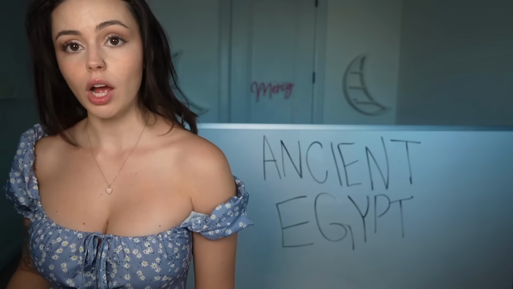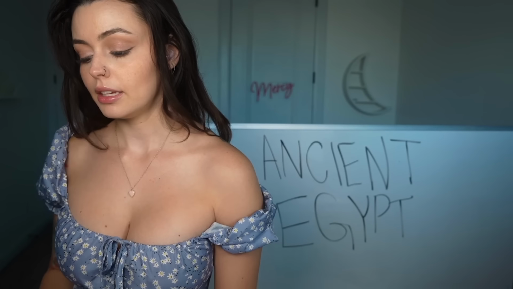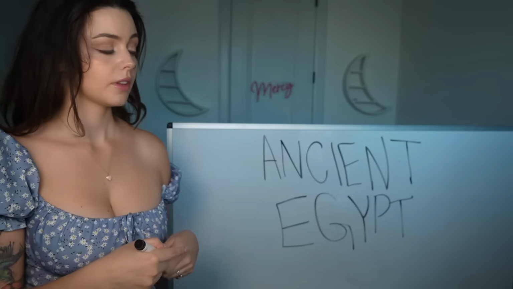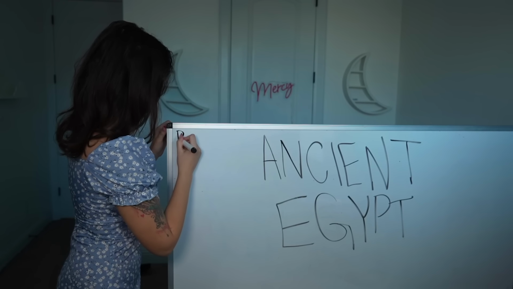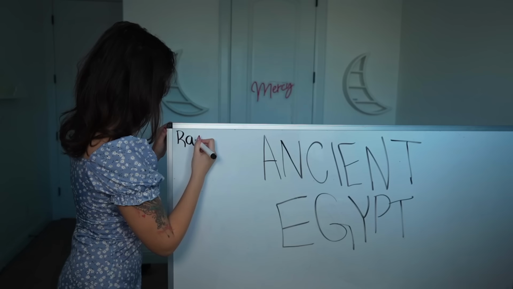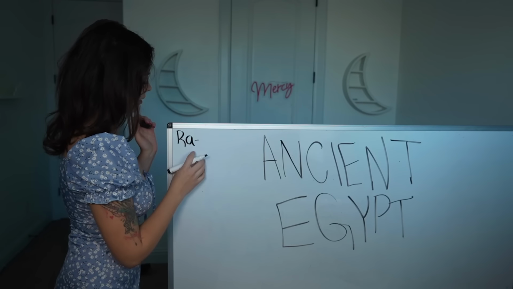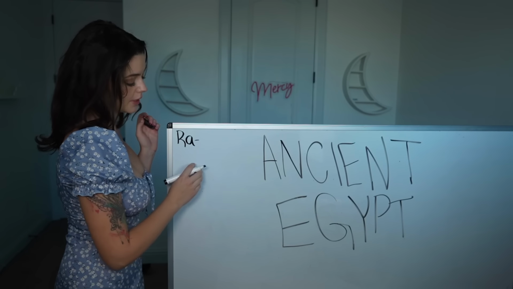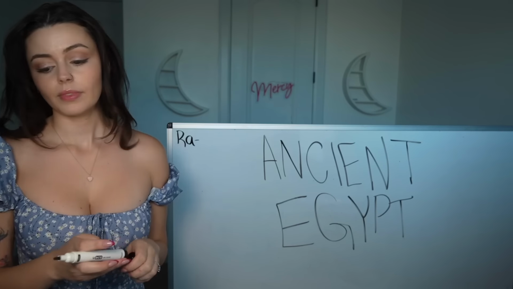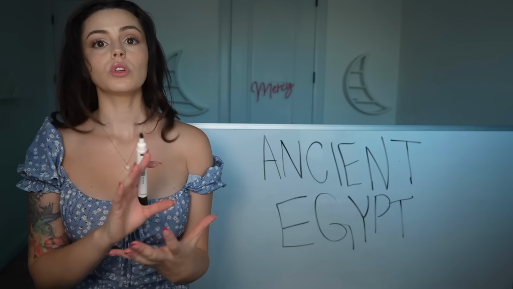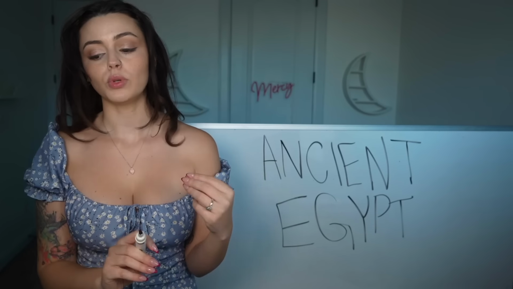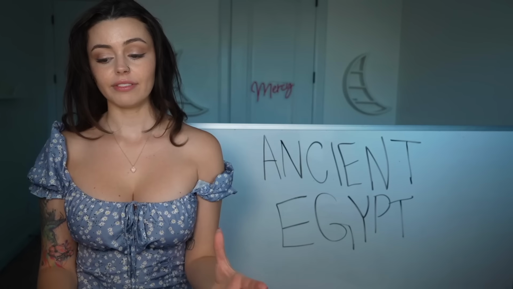So, Ra, the sun god, his role was the creator god, ruler of all, and the symbol of light and life.